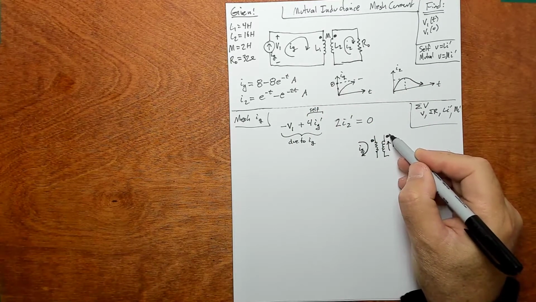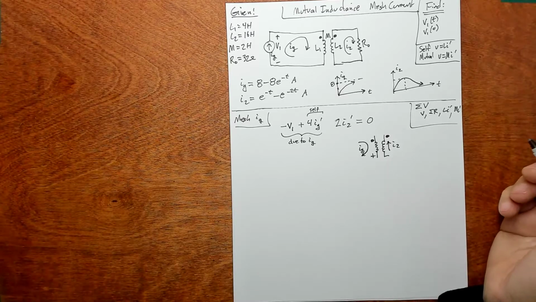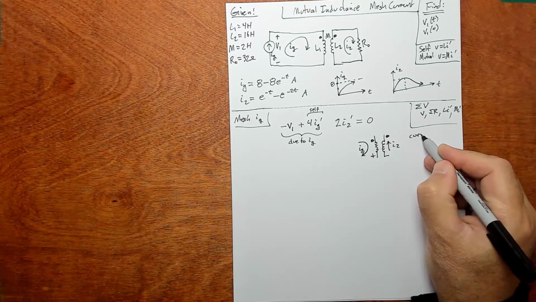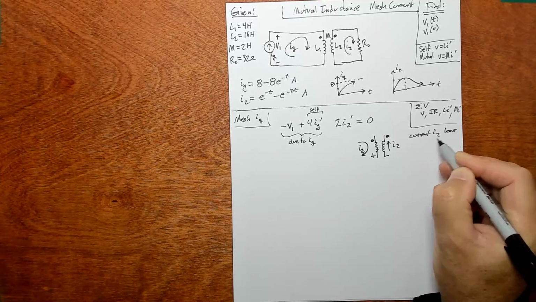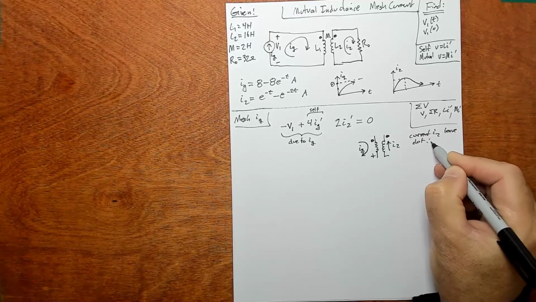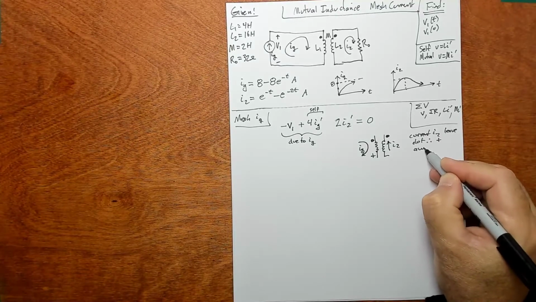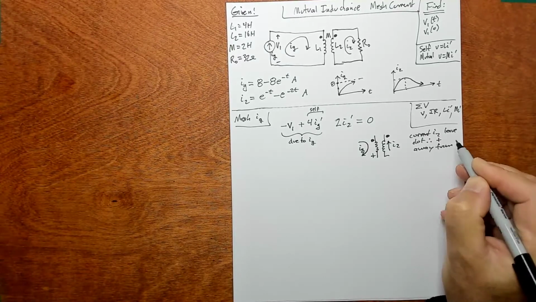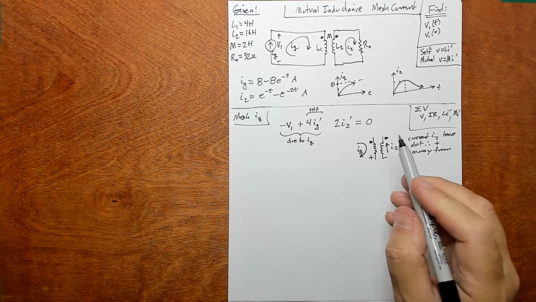Let's say it that way. So here I've got current leaving the dot. That means the positive sign will be away from the dot. Okay, so current I2 leaves the dot, therefore the positive is away from the dot. The positive sign in the induced voltage will be away from the dot.